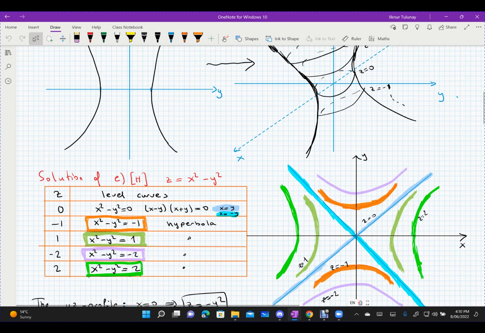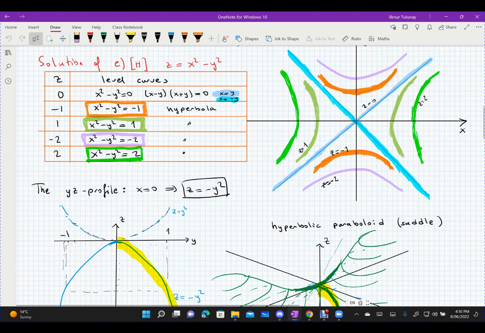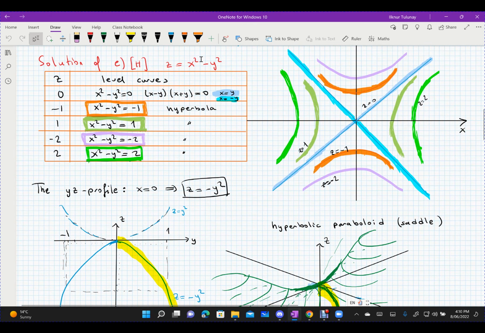For the next question, we have a bit more complicated surface. z is equal to x squared minus y squared. The difficulty here arises from just the visualization part. Let's have a look at how we do it. By just giving values to z, we obtain the level curves.